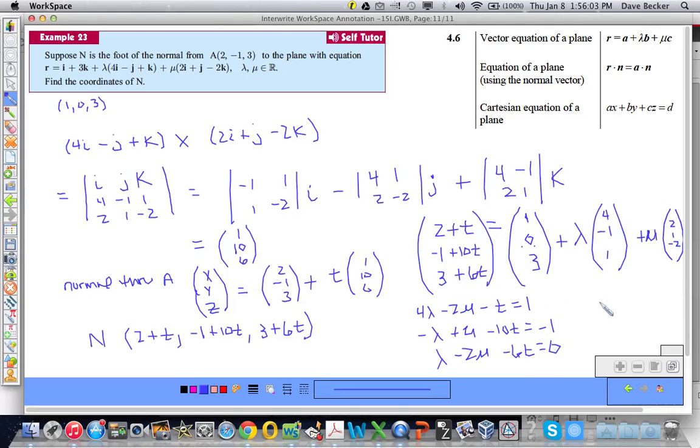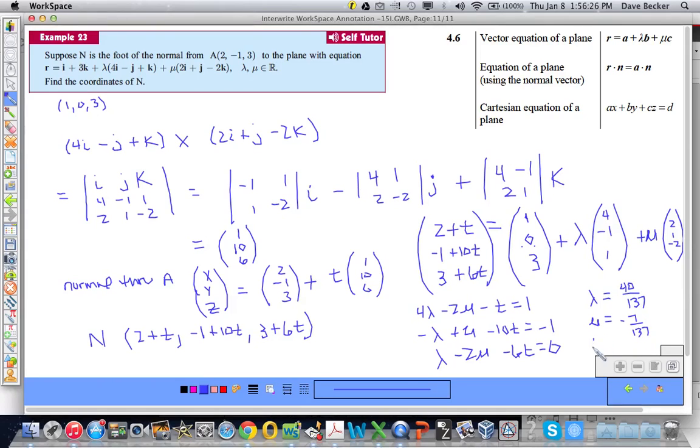Okay? And I'll show you how we're going to get these answers in just a second, but lambda is equal to 40 over 137, and mu is equal to negative 7 over 137. Wouldn't it be great if I could do this in my head?